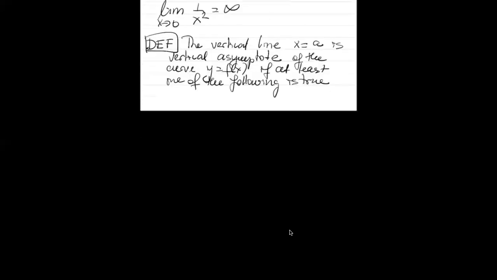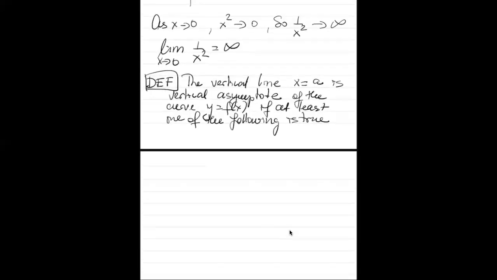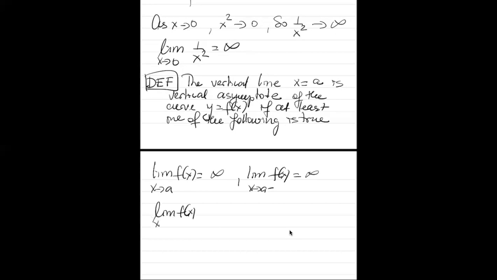And what I'm going to write down is several limits, 6 of them. So the limit of f of x when x is approaching a is infinity, or the limit of f of x when x is approaching a from the left is infinity, or the limit of f when x approaches a from the right is infinity, or all that we're going to write down, but instead of infinity we're going to put negative infinity.